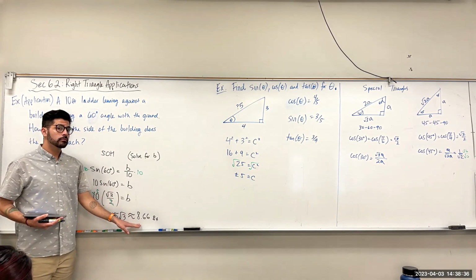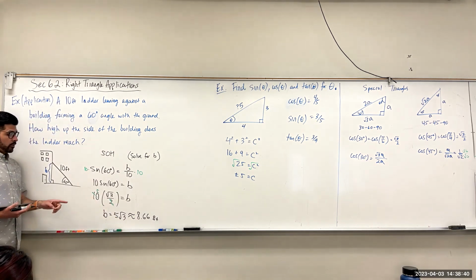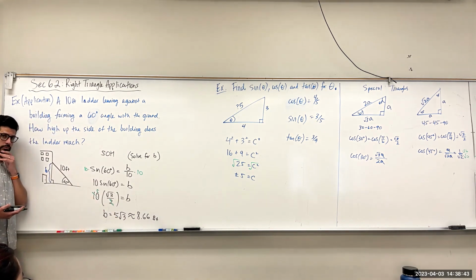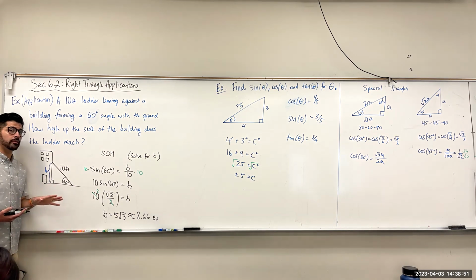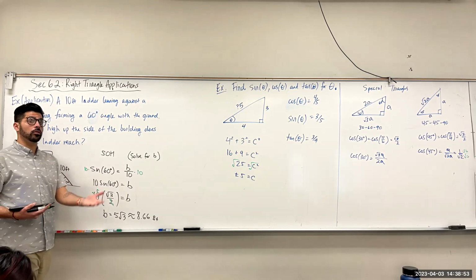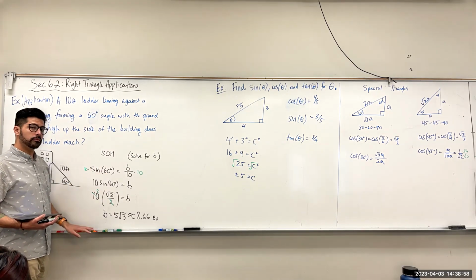Question: if we are given that 8.66 feet and are asked what that is in radians, is there a way to know, or do you convert it back into radians? Is B representing an angle or a distance? It's a distance. So you don't turn it into radians, because radians are for angles in general.